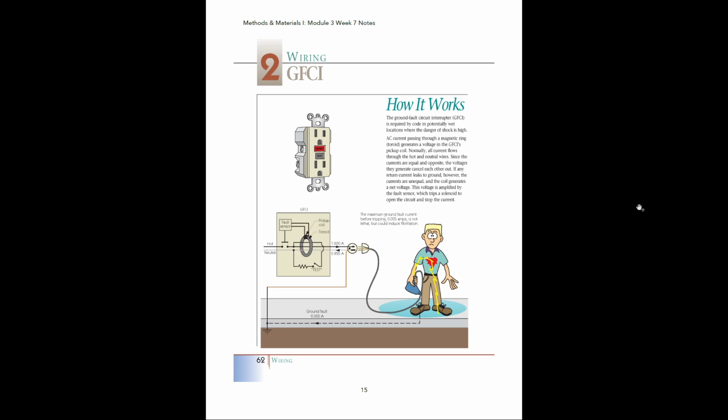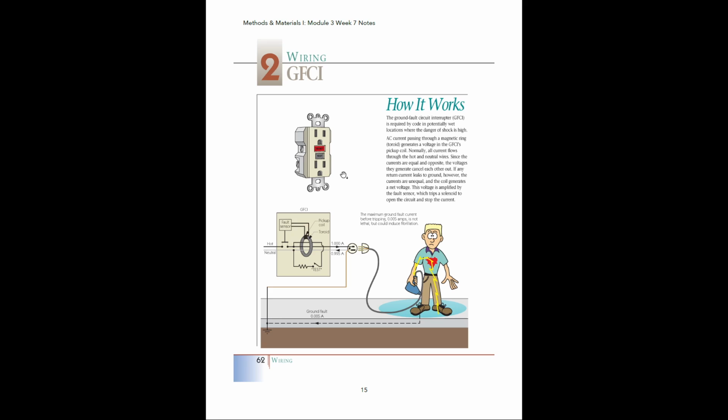All right, next we have GFCIs. A GFCI is a specialized receptacle that's going to prevent electrical shocks at specific locations. Basically, the way you can think about this is a receptacle that's tied to the grounding system, obviously for safety purposes.